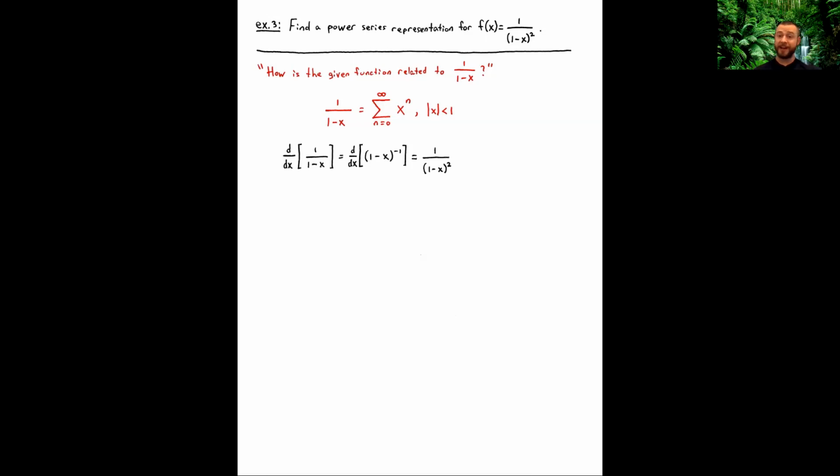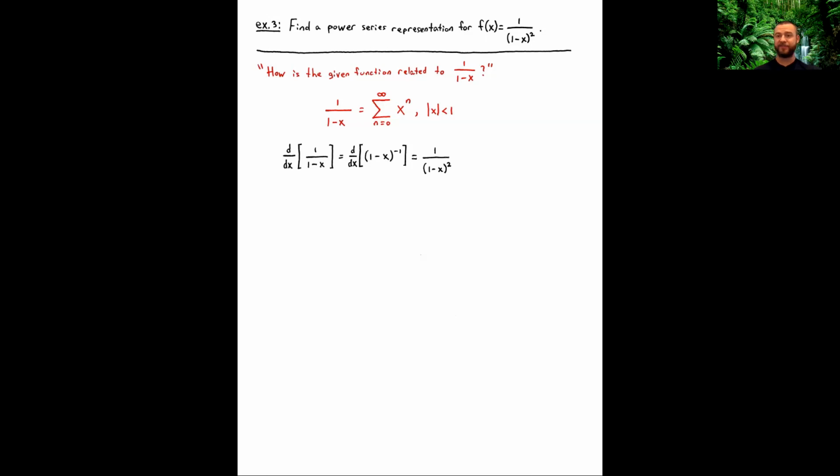The advantage of rewriting it like this to calculate the derivative is we don't have to use the quotient rule, but now we can apply the chain rule. We have an inner and then outer function. If you apply the chain rule, you should get that your derivative comes out to be 1 divided by 1 minus x squared. And we were rewriting that from having 1 minus x to the negative second power.